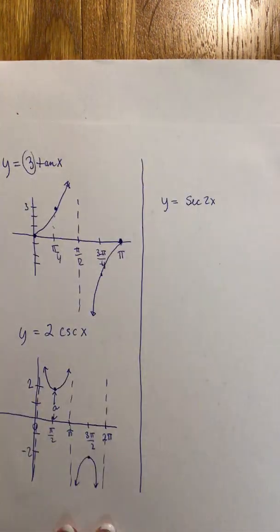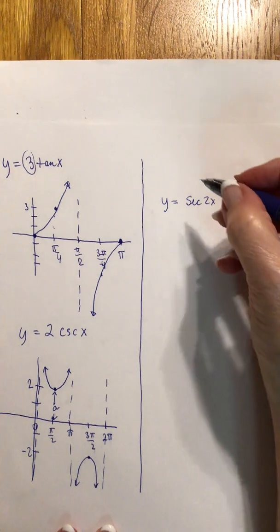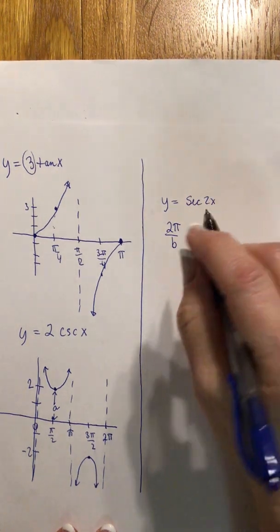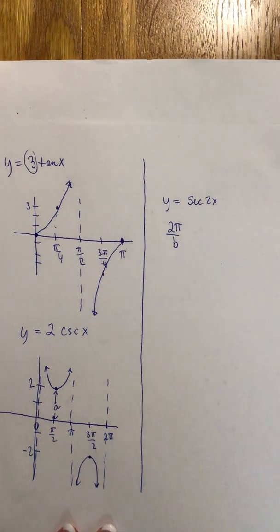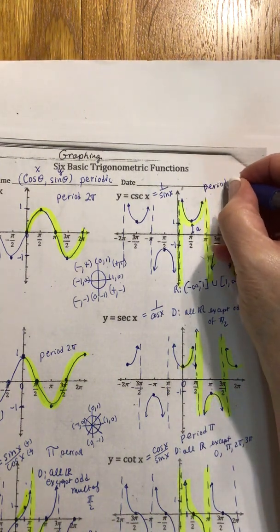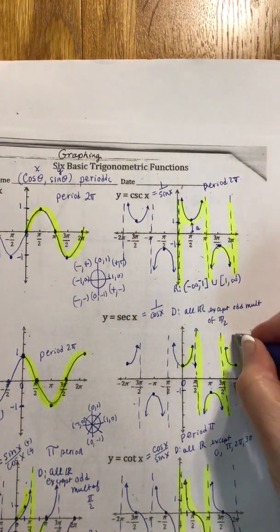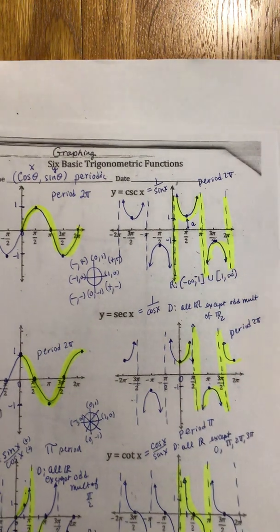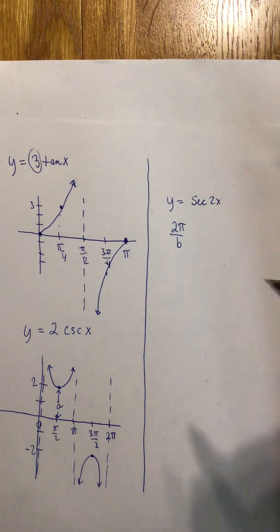So now we're going to recreate that with a different period. So I've got 2 pi divided by b, because again, our cosecant and our secant have periods of 2 pi. So let's go ahead and write that down on our picture. Period 2 pi. Period 2 pi. So my b is 2.